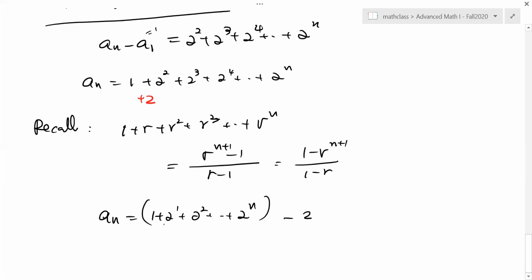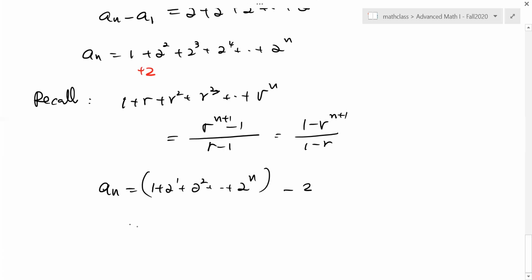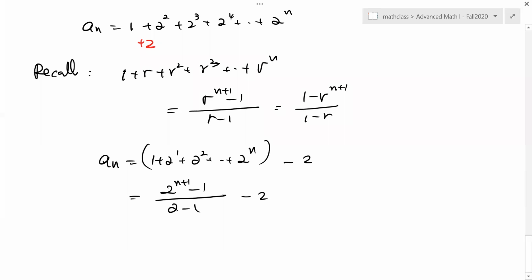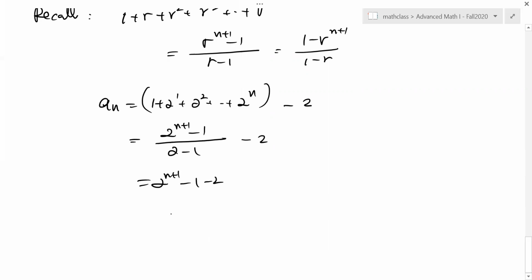Because the 2 is not originally included. So the answer will be 2 to the n plus 1 minus 2, and 2 minus 1 is 1. Okay, the answer will be 2 to the n plus 1 minus 3.